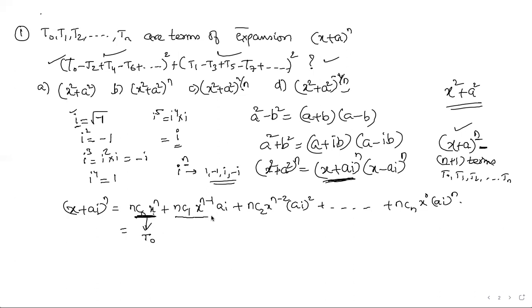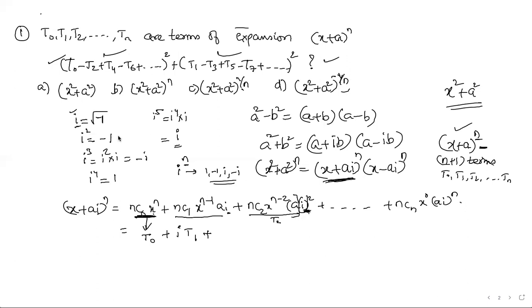If you see this term, there's an extra i, so this can be written as i into T1. And when it comes to this term, there's an extra i^2. This term is nothing but T2, but this i^2 is extra. Up to here it's T2.